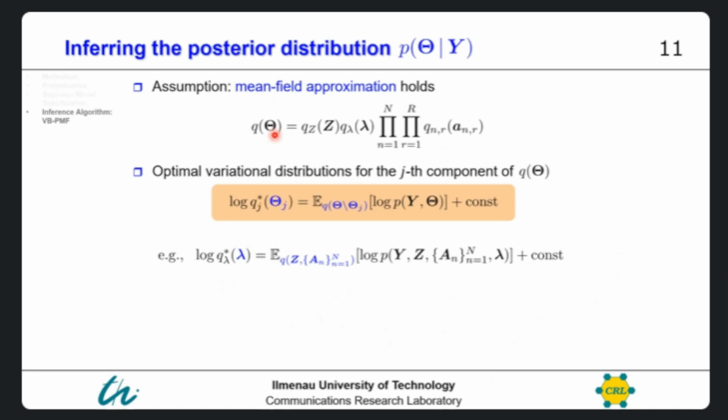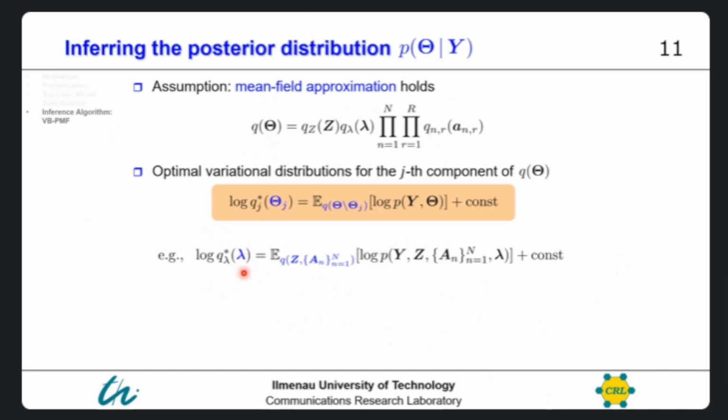And this helps to ensure that the solution is tractable, okay? And under that assumption, then we have some expressions for computing the optimal variational distribution. And it's very easy.